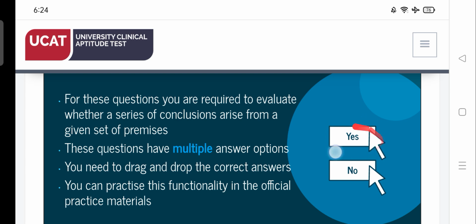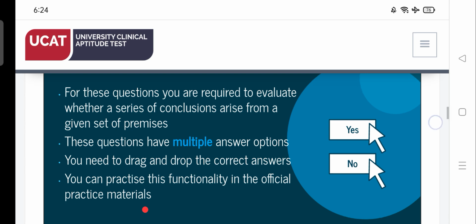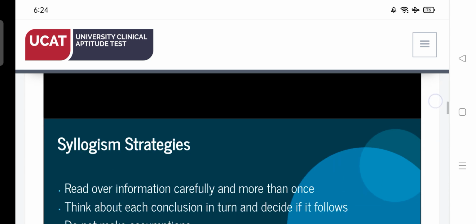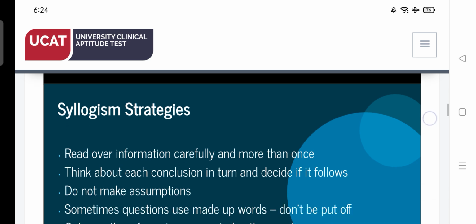Then you can drag that yes from one box and drop in front of that conclusion. It means yes, it does follow this conclusion. You can practice this functionality in official practice materials. So we will practice this functionality in the example questions.